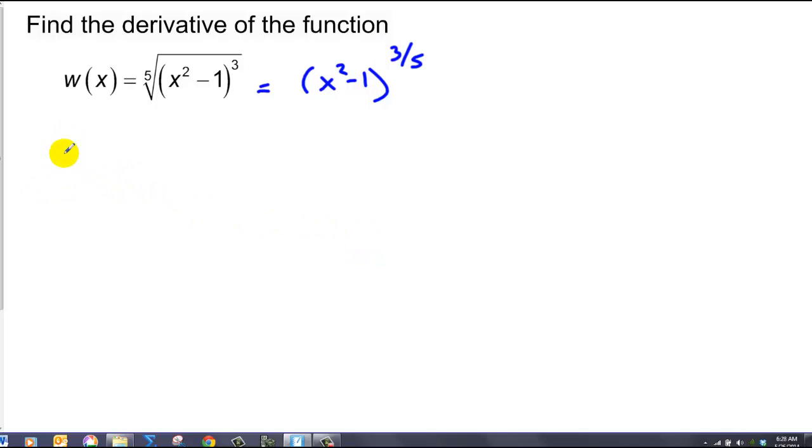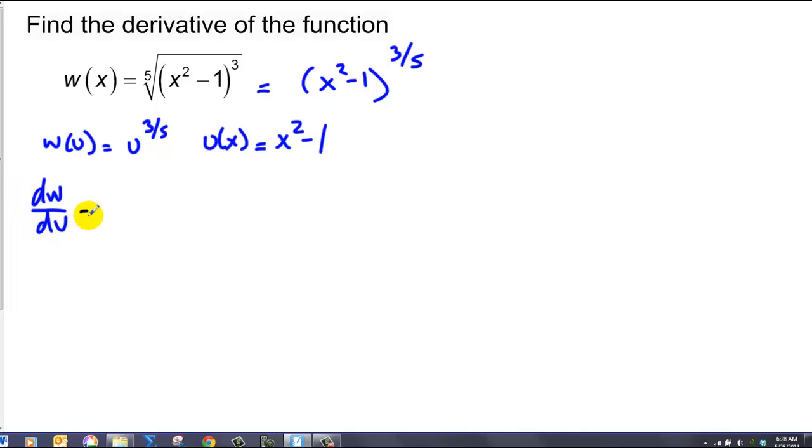So w of u is equal to u to the 3/5. So therefore, u of x equals x squared minus 1. dw du is equal to 3/5 u to the negative 2/5, and du dx equals 2x.